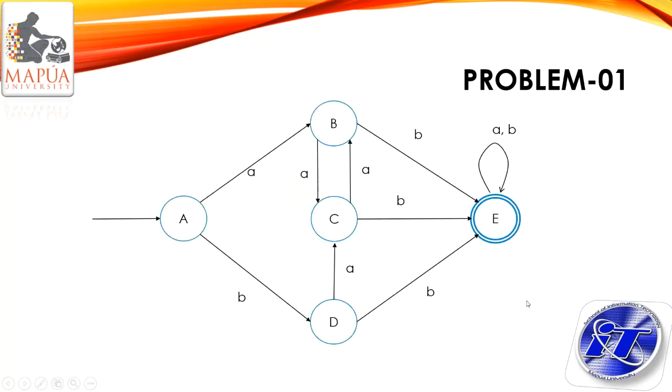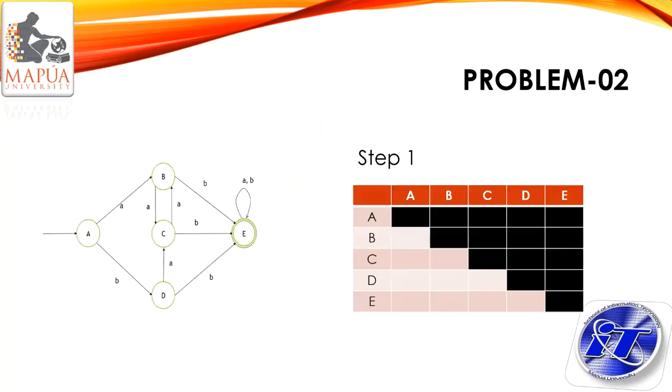So another example, let's have 5 states, A, B, C, D, E, and the alphabets are A, B. So 5 rows, 5 columns. The lower part will be used for our solution. So that will be step 1.